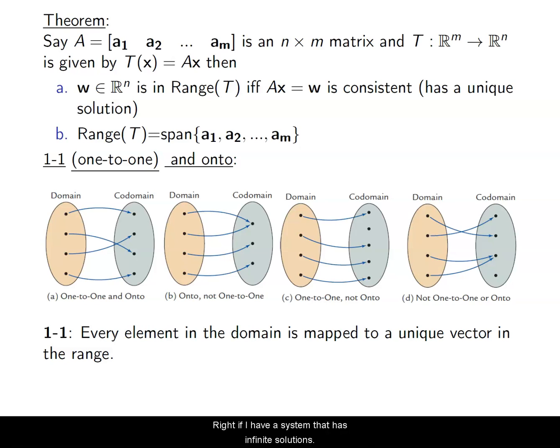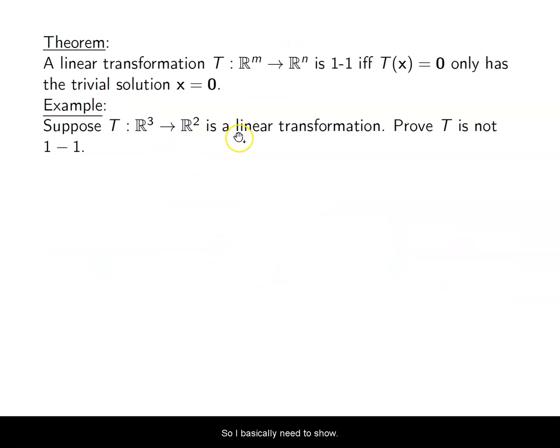If I have a system that has infinite solutions, I have infinite ways of going to the same vector, the same output. So I basically need to just show that I have infinite solutions. Well, what does it mean to have infinite solutions? Infinite solutions means that you are linearly dependent. So how do I show that this is linearly dependent?